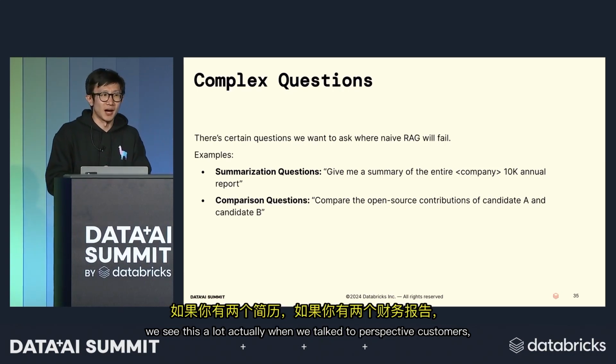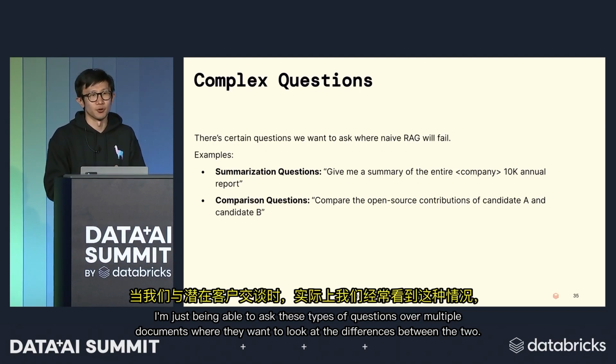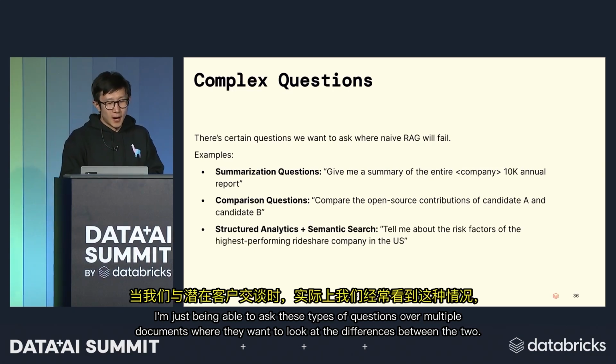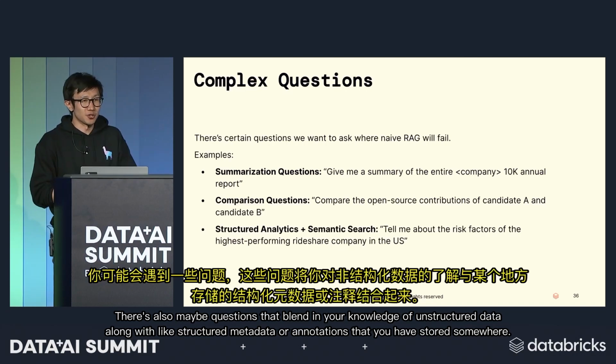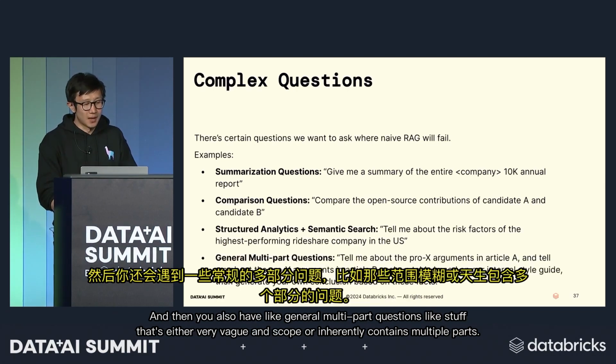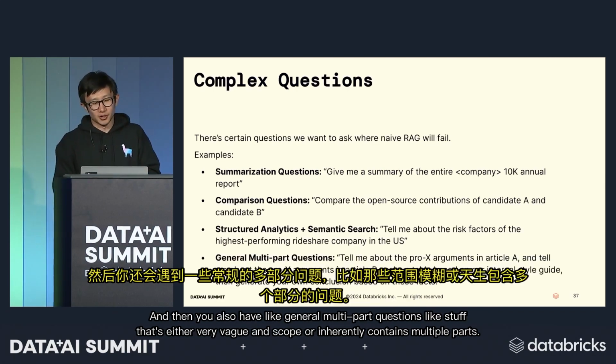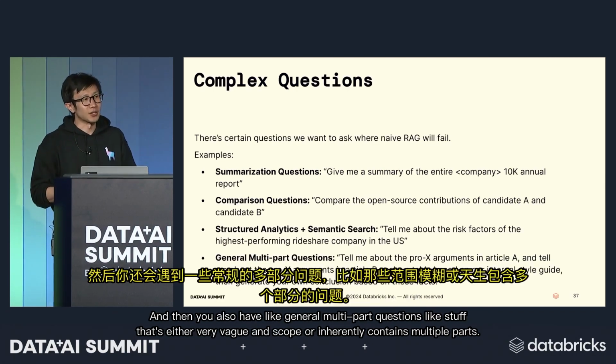We see this a lot when we talk to prospective customers, on being able to ask these types of questions over multiple documents where they want to look at the differences between the 2. There are also questions that blend your knowledge of unstructured data along with structured metadata or annotations that you have stored somewhere. And then you also have general multi-part questions, stuff that's either very vague in scope or inherently contains multiple parts.